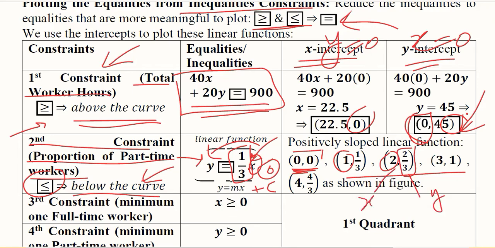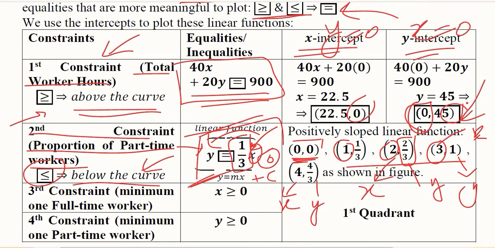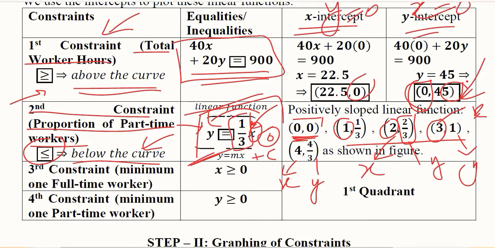When we assume that x is equal to 3, y will be equal to 1. And when x is equal to 4, y will be equal to 4 over 3. You can judge it from this equation. Now, after developing this, we can plot it on the graph as well, as you will see in the next diagram.